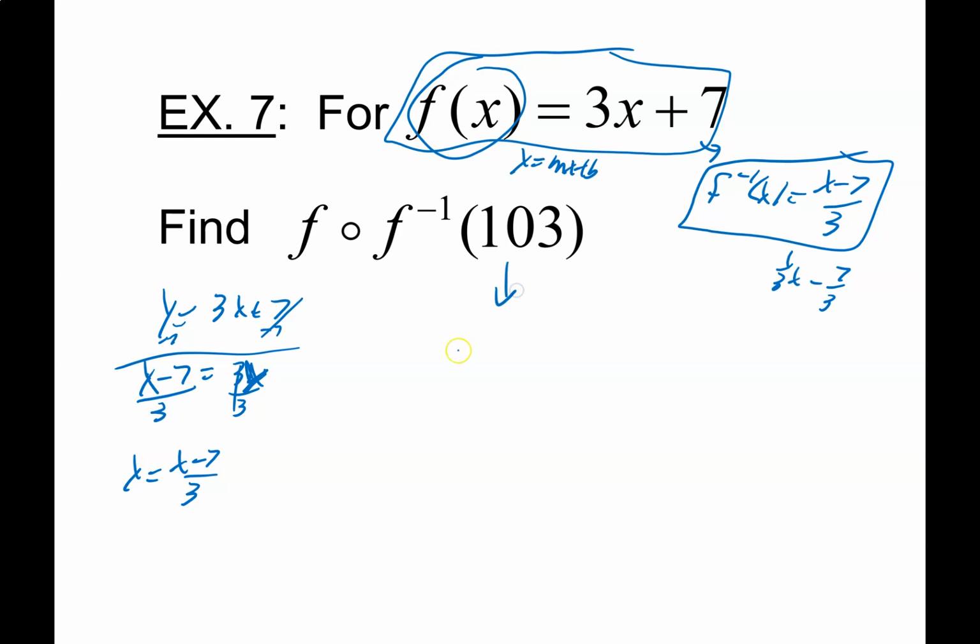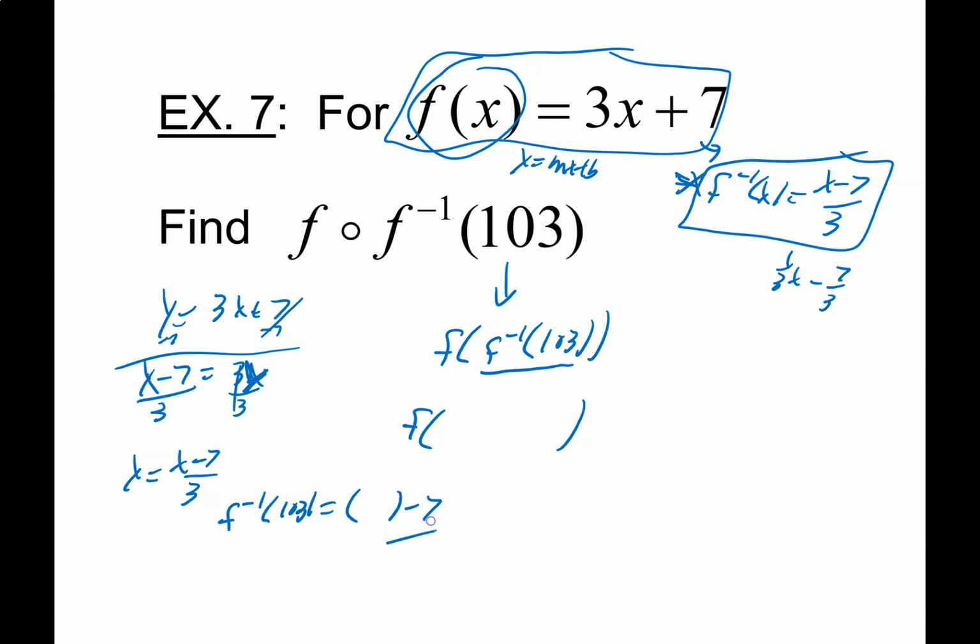So what I'm asking you to find is f of f inverse of 103. And again, with composite functions, you start on the inside and work your way out. So let's first find f inverse of 103. Here's my f inverse. It says to take something, subtract 7, and divide it by 3.